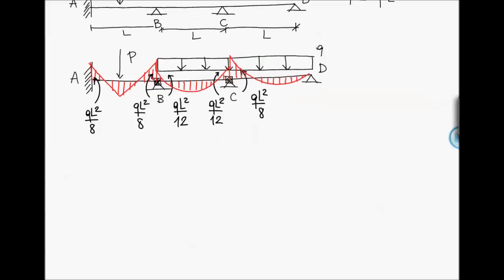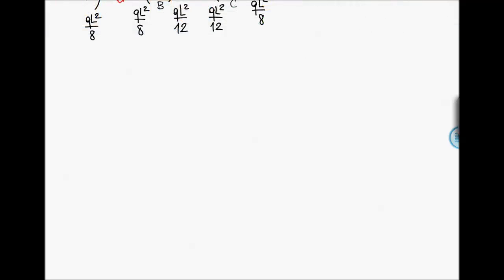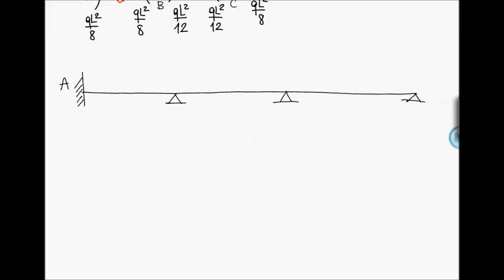We now have to calculate the distribution factors. So we have rho BA equal to 4R, which is the rotational stiffness of beam BA, over 4R plus 4R, the rotational stiffness of beam BC, equal to 0.5.